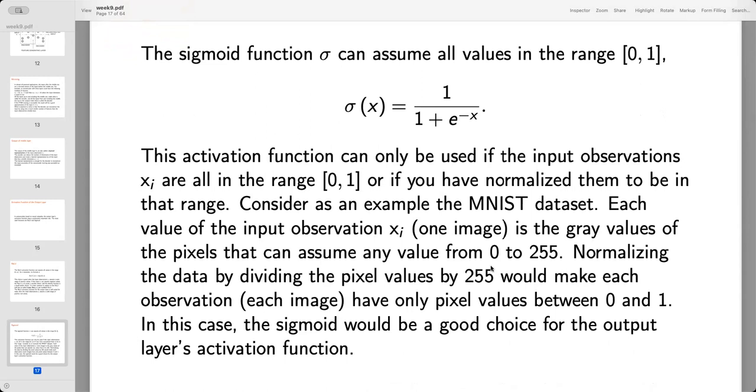In some of the examples you will see the pixels being divided by 255, so that you scale your data from 0 to 255 to 0 and 1, which is a typical range of arguments which a sigmoid function takes. That's a pretty common way of scaling your data.